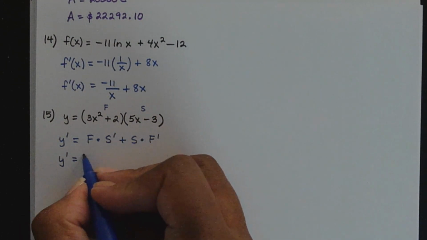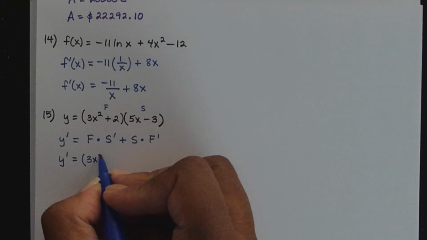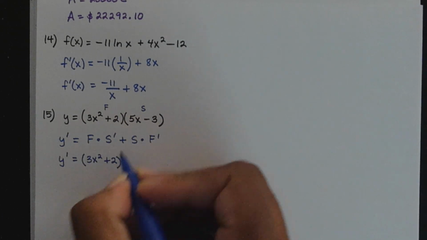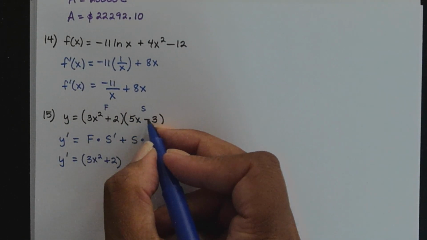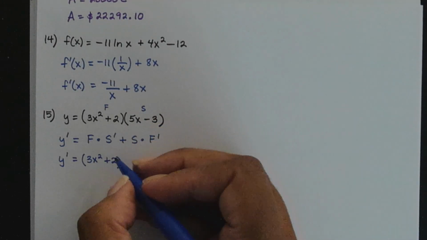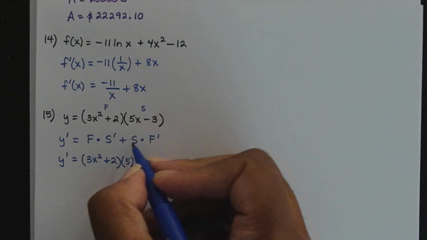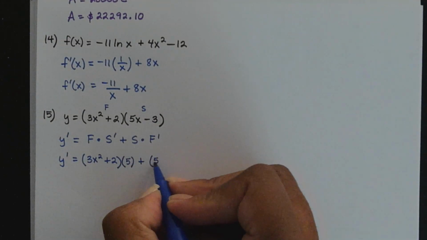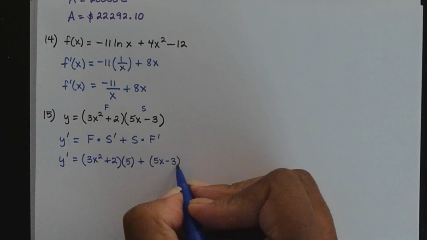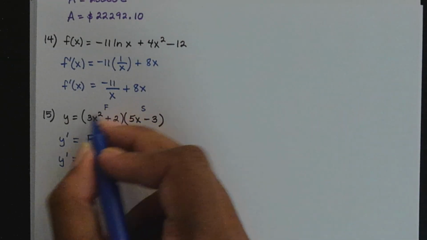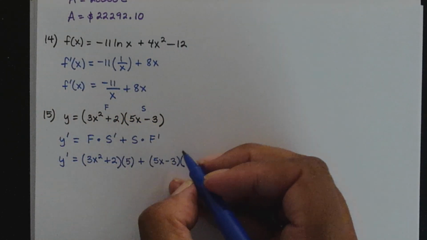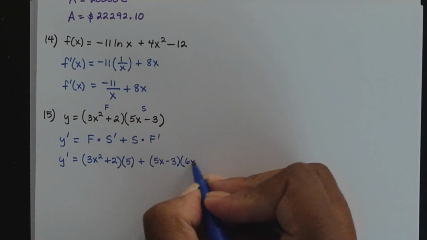Copy the first expression. That's the 3x squared plus 2. Take the derivative of the second expression. What's the derivative of 5x minus 3? 5. And then plus copy the second, which is your 5x minus 3, times the derivative of the first. What's the derivative of 3x squared plus 2? 6x.